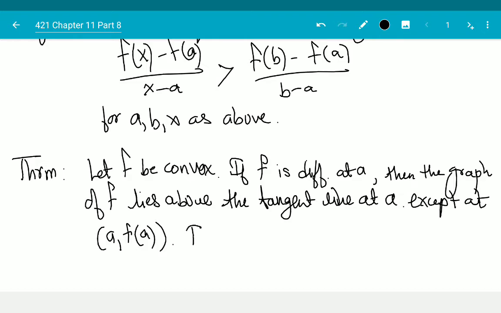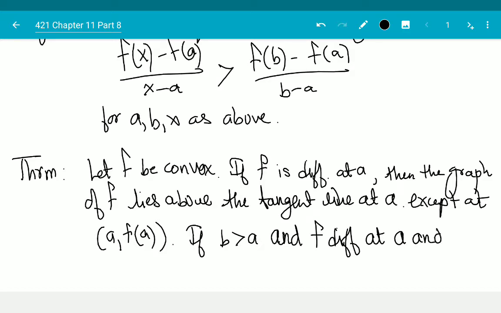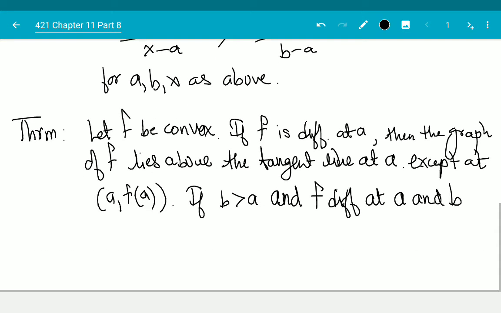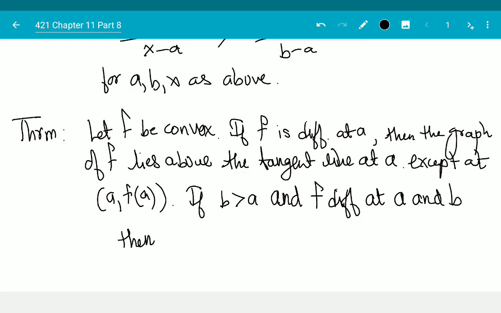Okay, and if b is greater than a and f is differentiable at both a and b, then f prime of a is smaller than f prime of b.